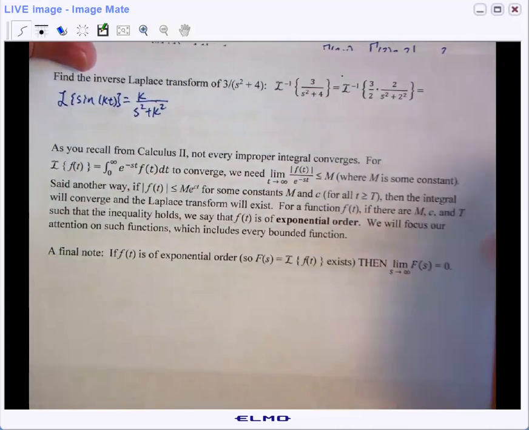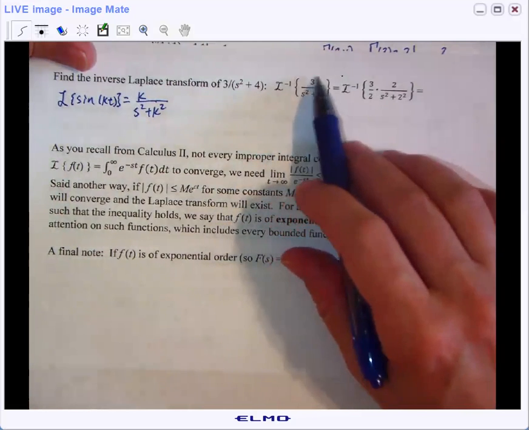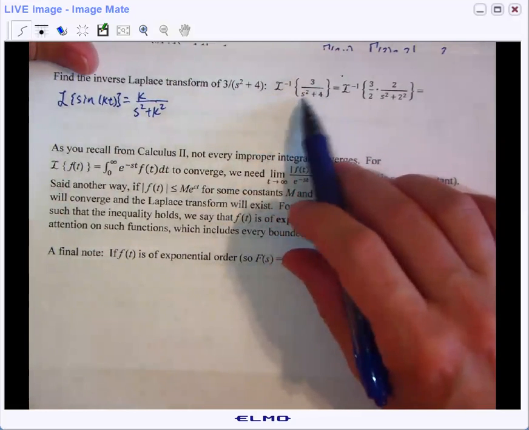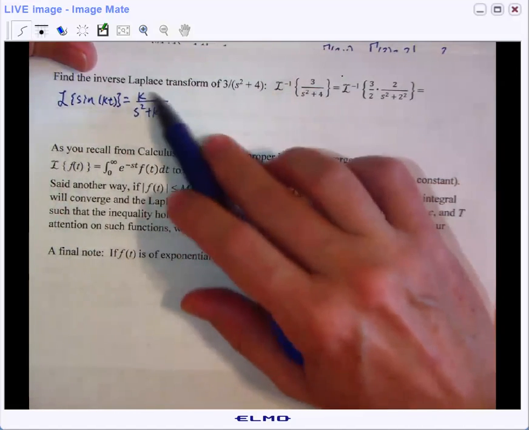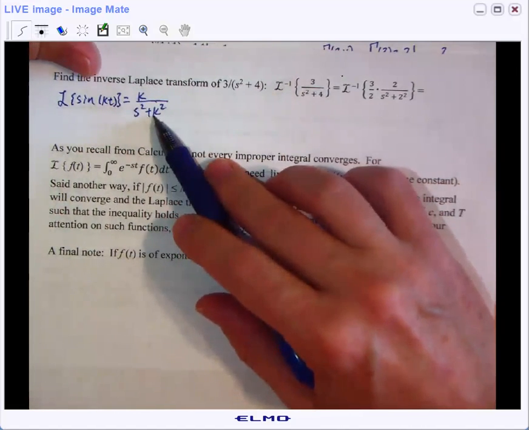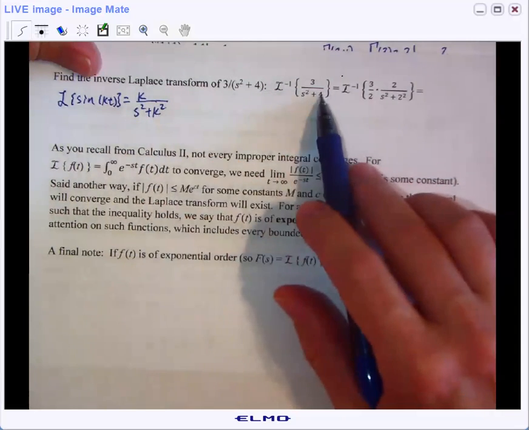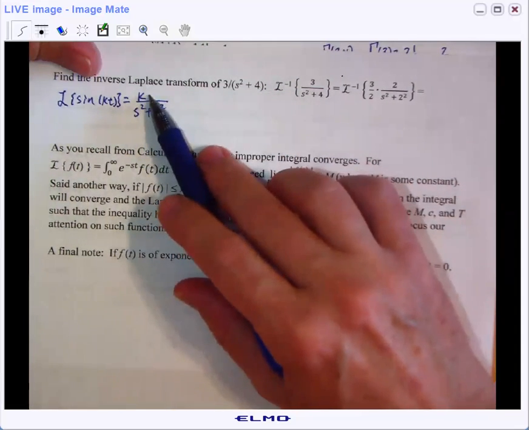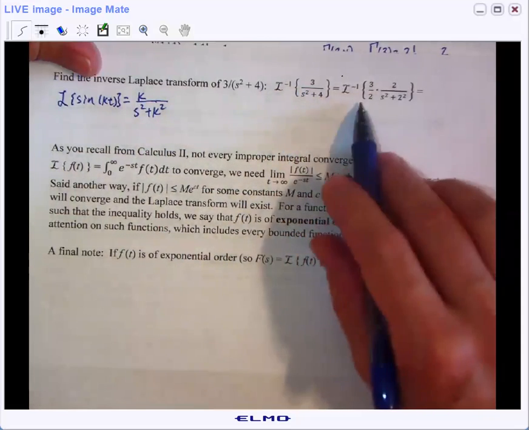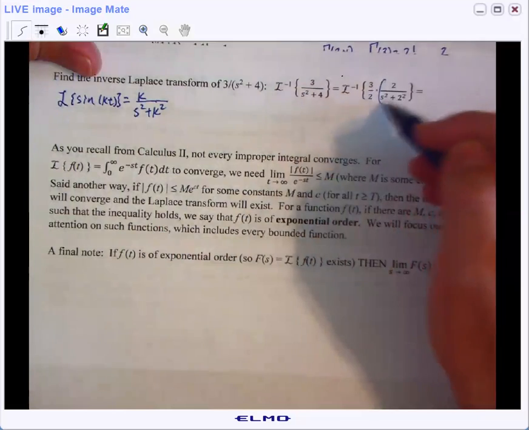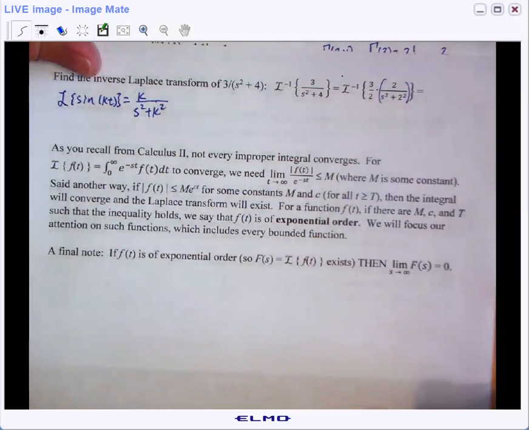So if we wanted to find the inverse Laplace transform for this guy, 3 over s squared plus 4, we recognize that he looks a lot like this guy, but the top, 4 is 2 squared, so the top would need to be a 2, not a 3. So let's multiply top and bottom of the fraction by 2, and then group it so that we've got somebody that we can handle here.